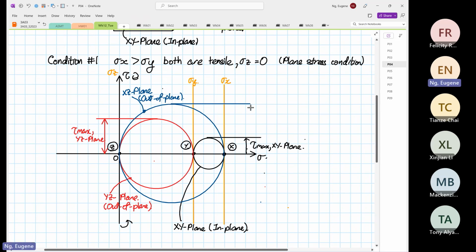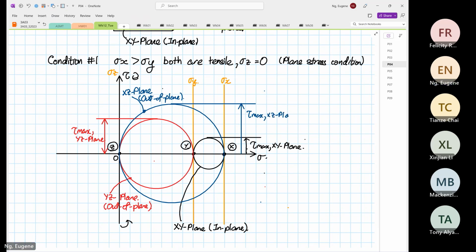So we know that this is your tau max for your XZ plane, and it is the absolutely biggest tau max. Okay, and you realize that it's at its out of plane.